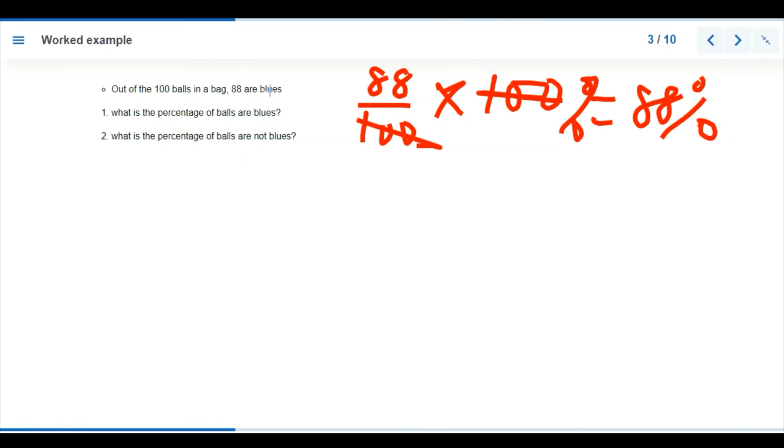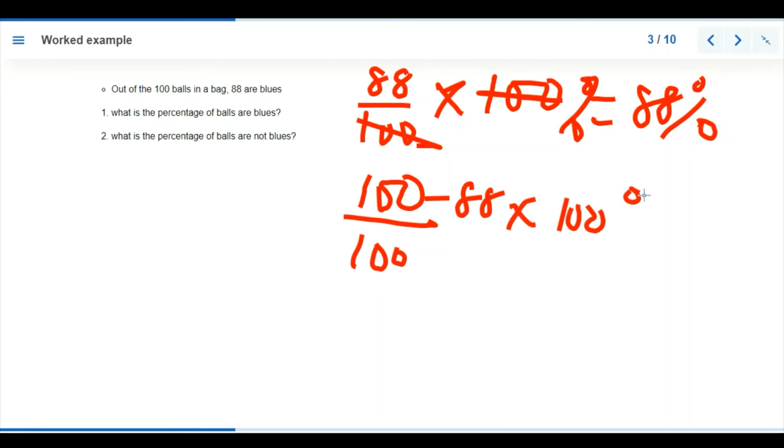Now let's look at the second one. We have to subtract the number of blue balls from the total number of balls. So the number of balls that are blue is what? 88. So for us to get the number of balls that are not blue, we subtract 88 from 100, then multiply by 100 since we are working in percent.